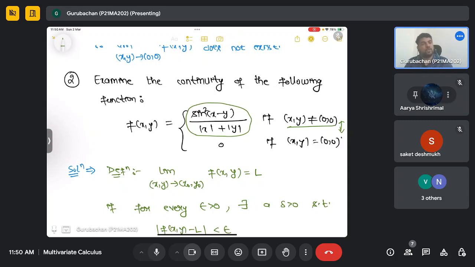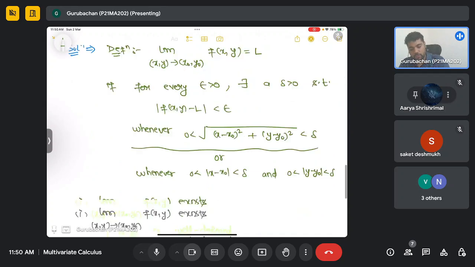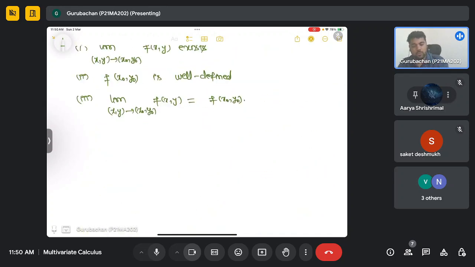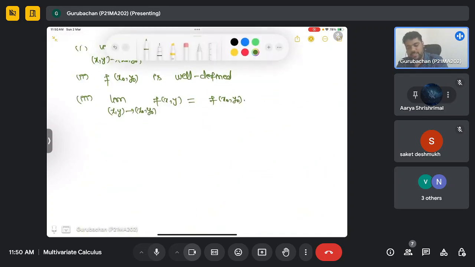To guess the limit, we will take some curve along which we first decide what the limit could be. For example, along the x-axis, y is 0.